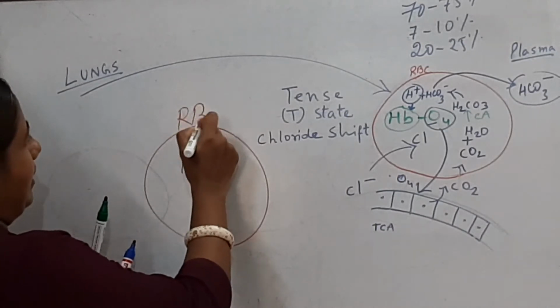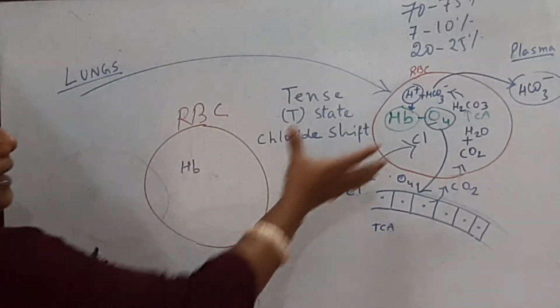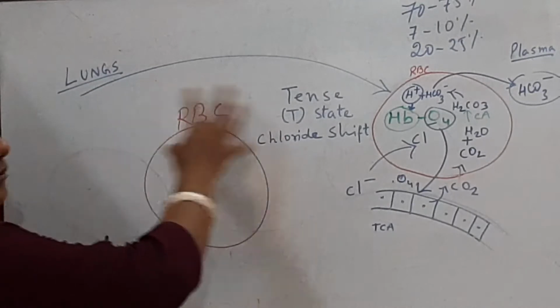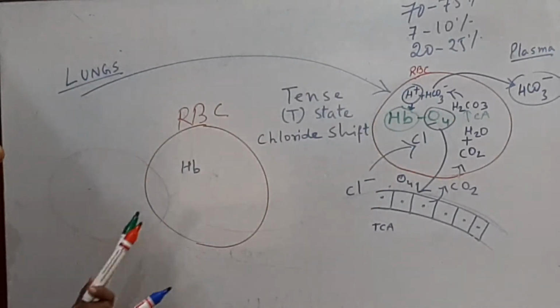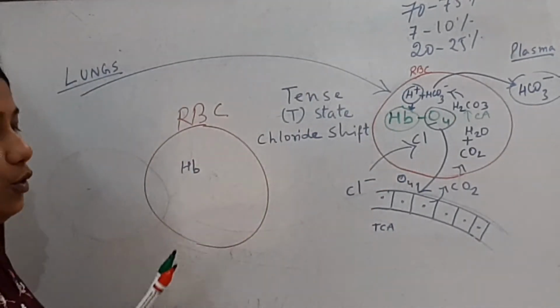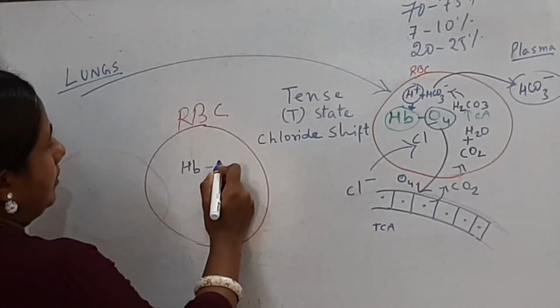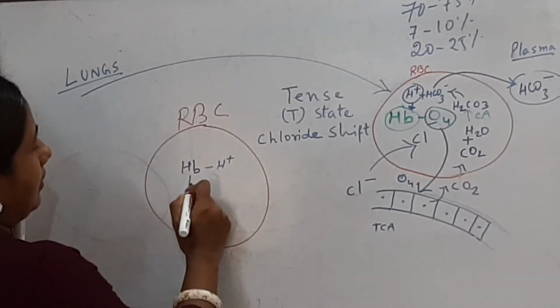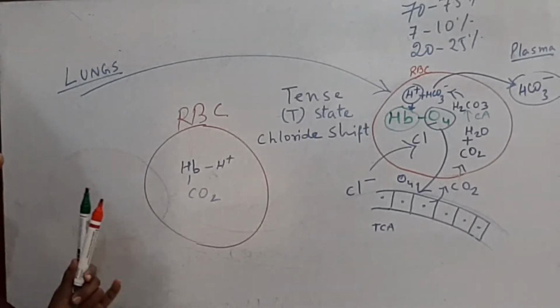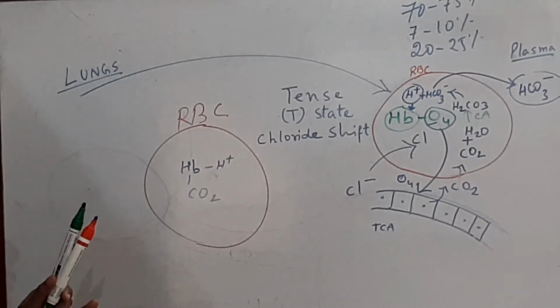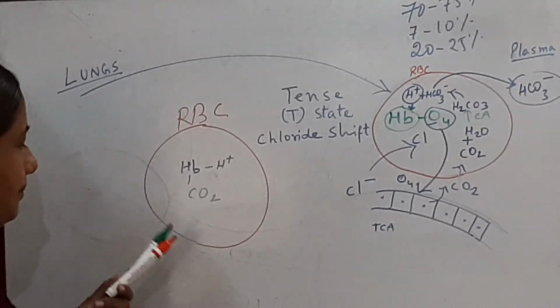Let me write RBC. And this RBC is traveling to the lungs. From the peripheral tissue, the RBC is traveling to the lungs. This hemoglobin is bound with the proton and the carbon dioxide. Clear?